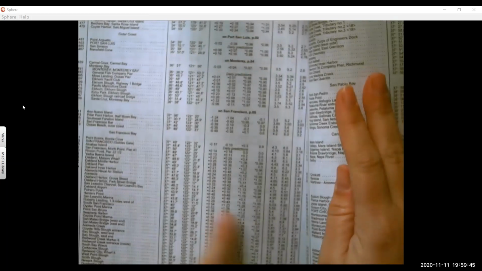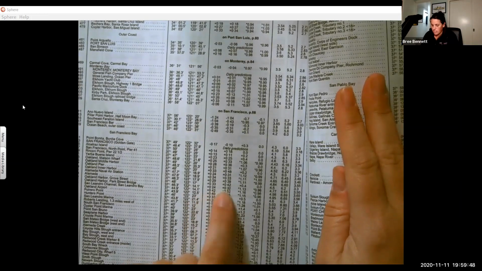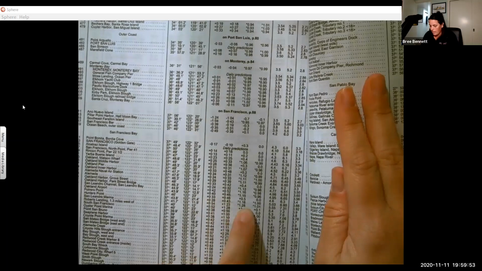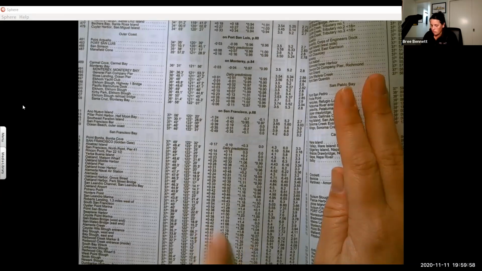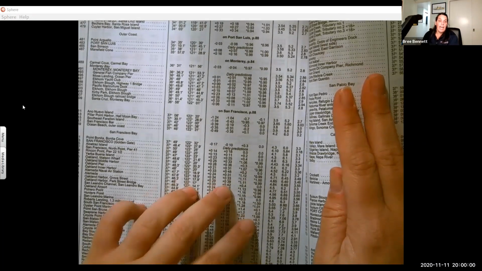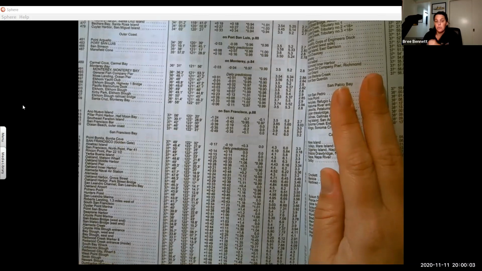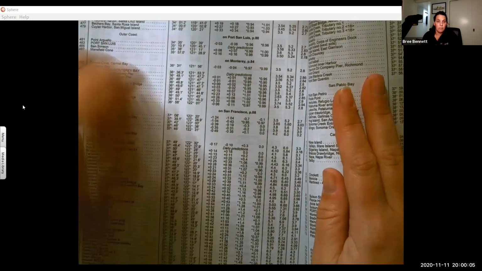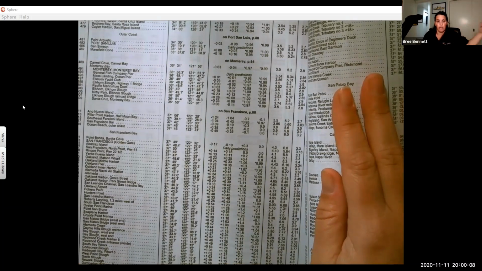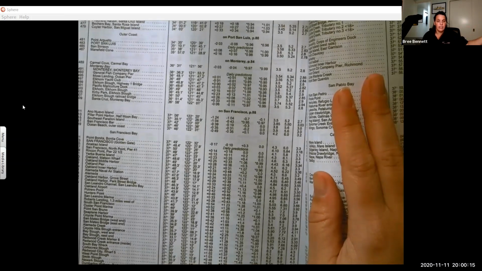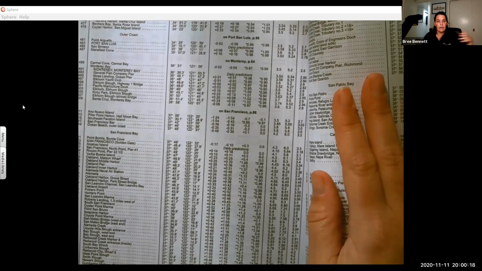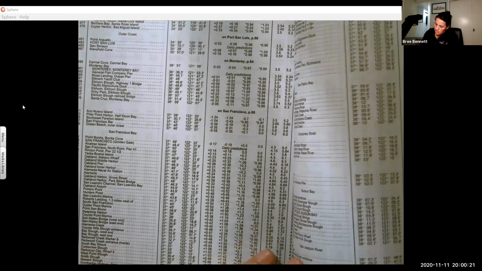So those time differences are going to be significant. 0.18, 1.36. It also depends on how close you are to that reference station how big your difference is going to be. Are you pretty far? What is the topography of the sea floor, and how is that affecting your tide as well?